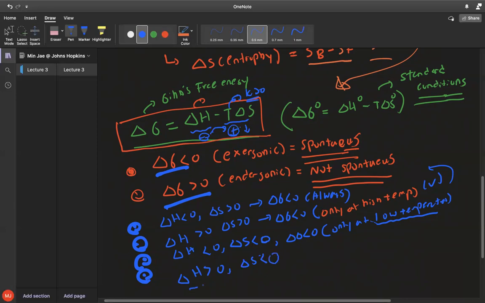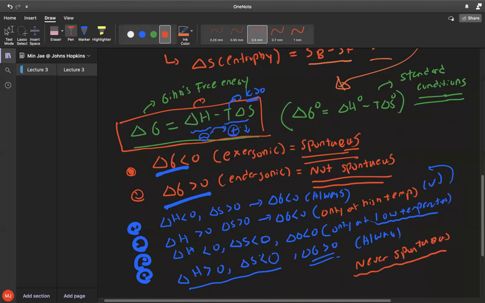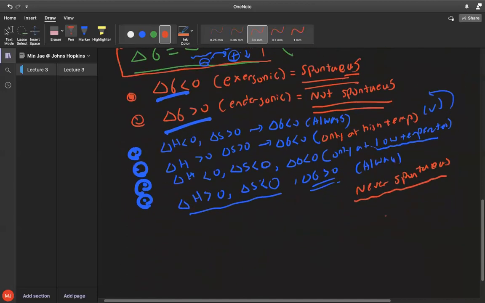If that is the case, then delta G is always positive, so it is never spontaneous. And I'll leave the reasoning why that's the case to you, the audience.